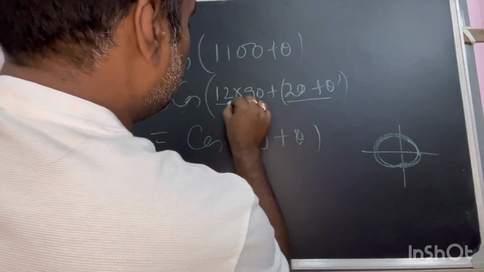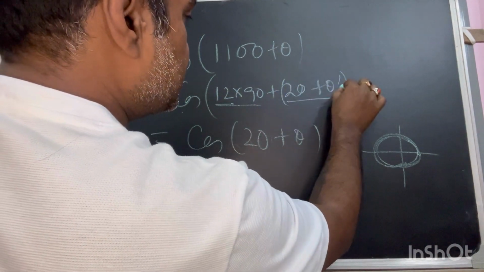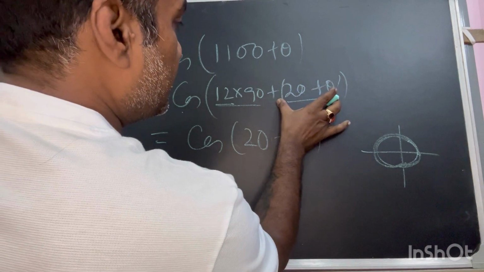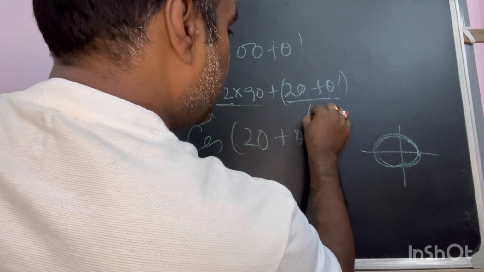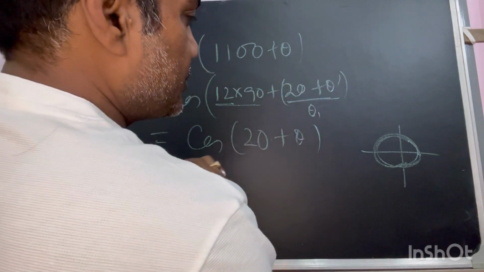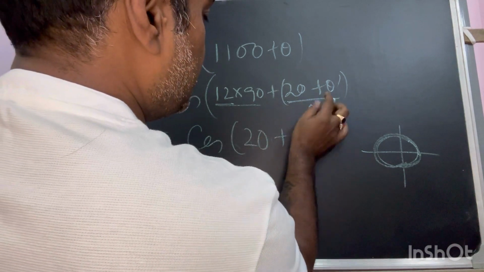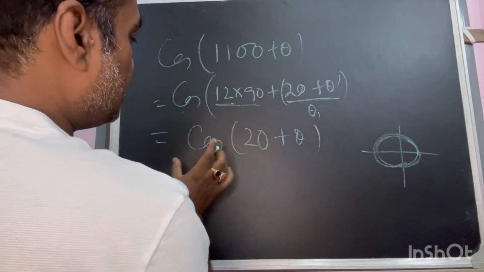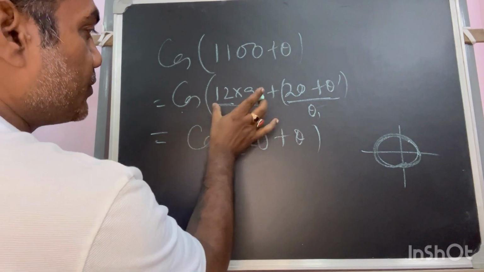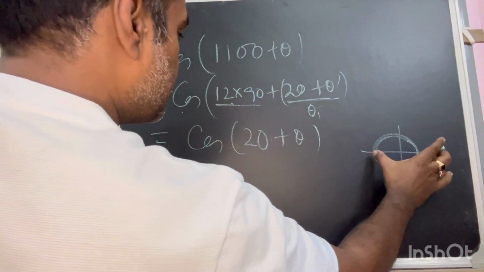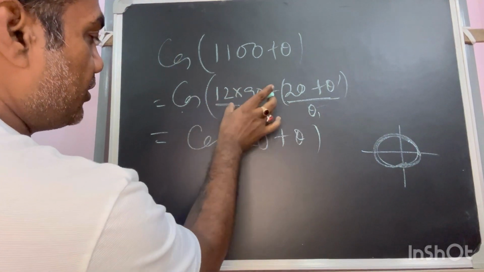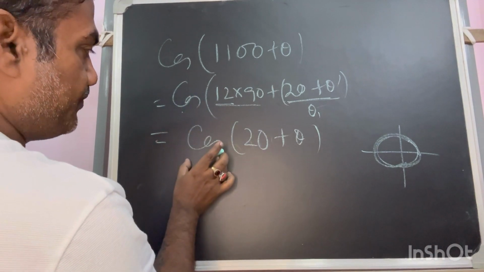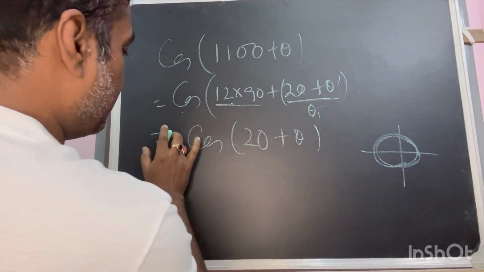This is a separate part. Now you have to consider this as new theta, or theta 1 you can say. So this is the angle which will be along with the changed ratio. So this will decide in which coordinate it is coming, odd or even, whether the ratios will be the same, and in which coordinate the sign will come.